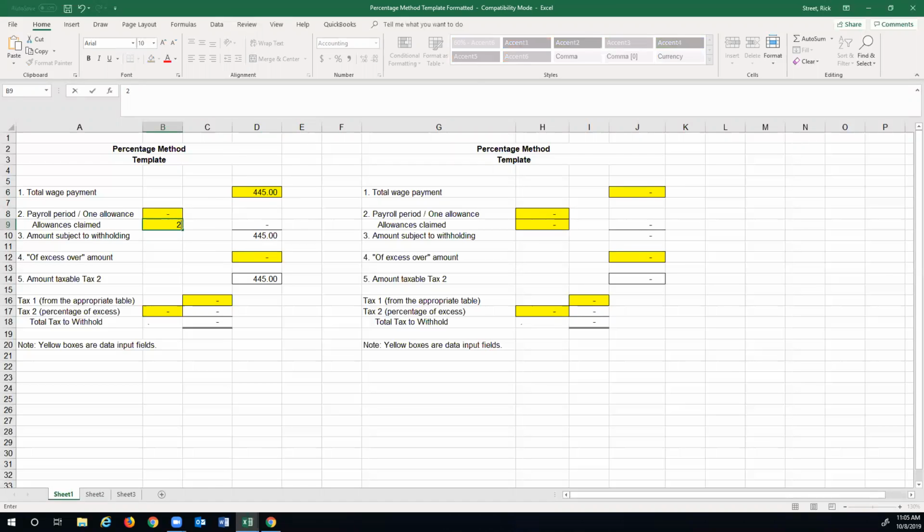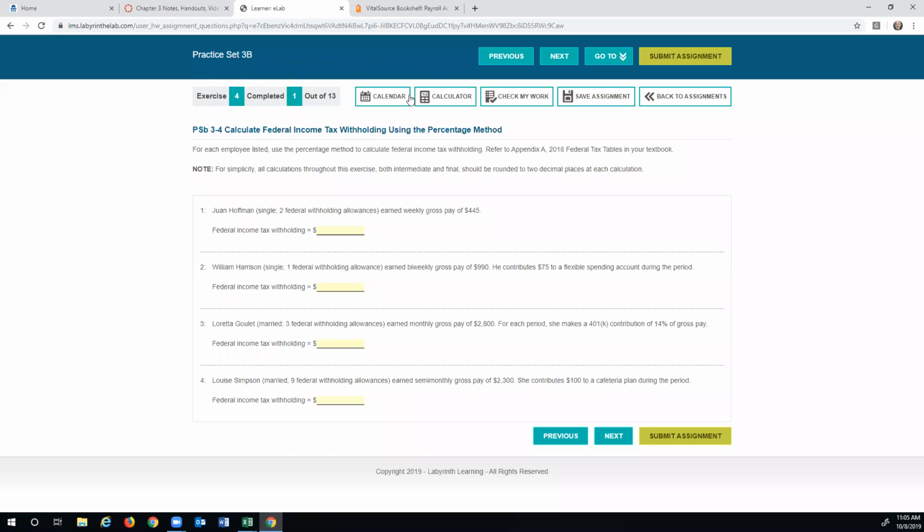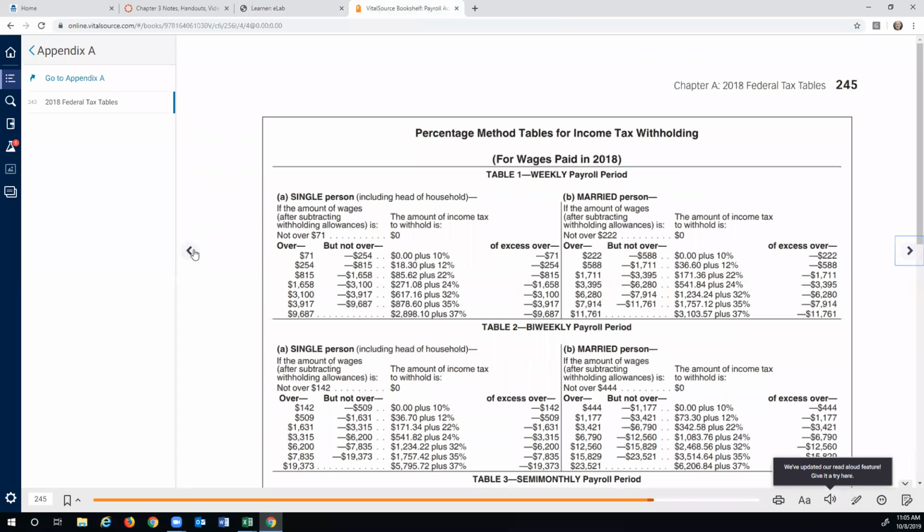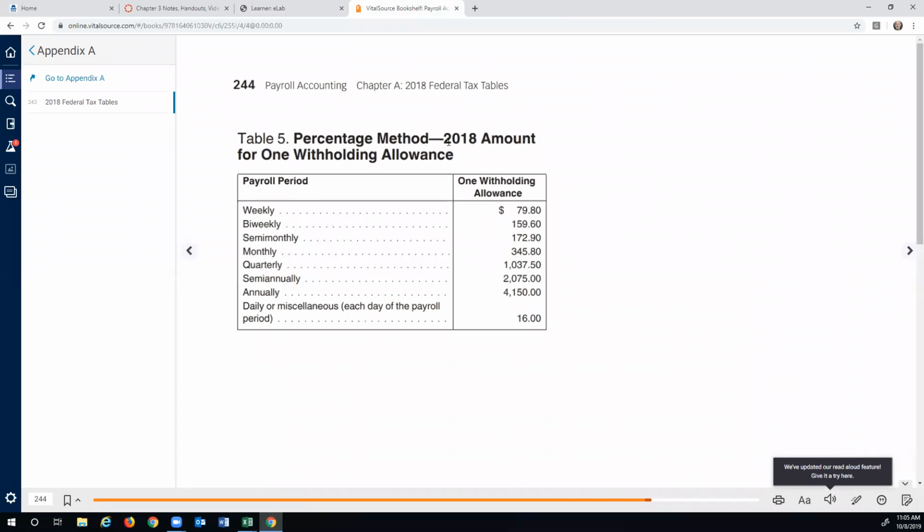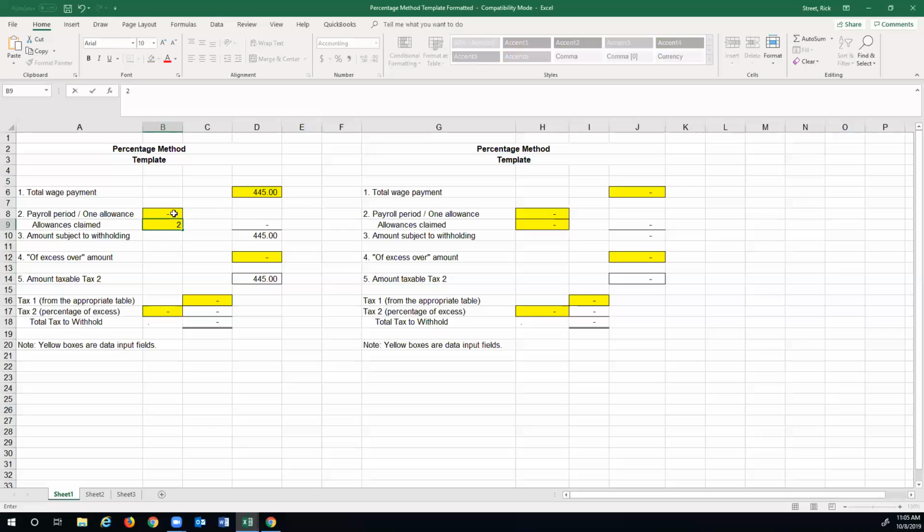Let's take a look at our Appendix A and our percentage method table for allowances. We see weekly is $79.80. So we will put $79.80 right here. At that point, what this table is telling you is that $159.60 is being deducted from the gross pay to calculate the federal income tax.